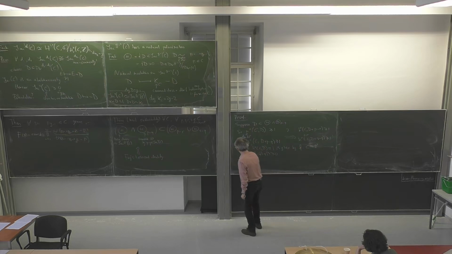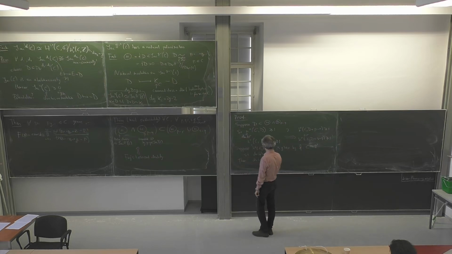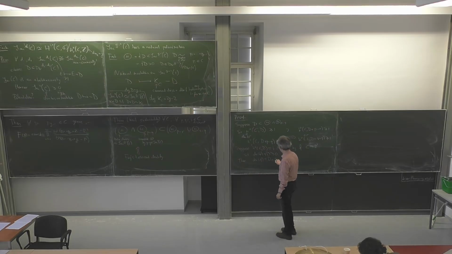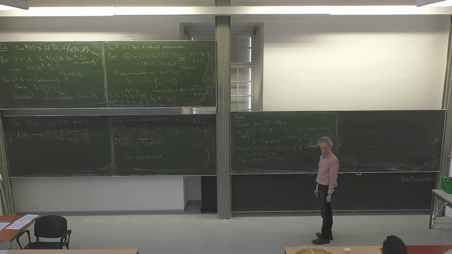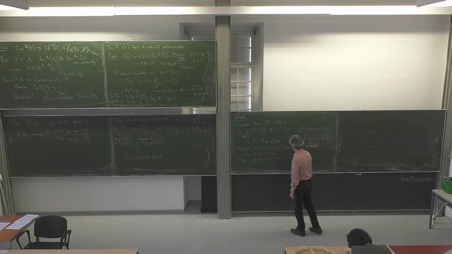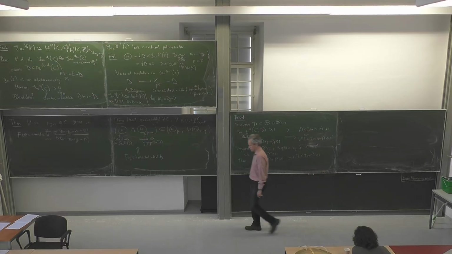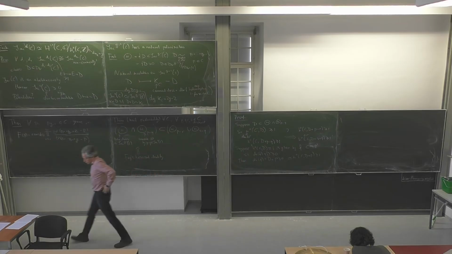Then the divisor of f plus D plus P is also greater than or equal to 0, right? So this, of course, means that H0 of C of D plus P is greater than or equal to 1. I'm worried whether I should have done the easier case first.